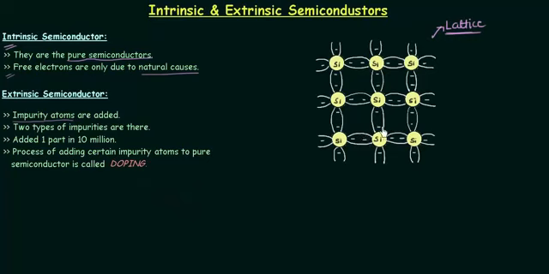The next point is the temperature coefficient. Silicon and germanium both have a negative temperature coefficient, and as you already know, in the case of a negative temperature coefficient, when we increase the temperature, the resistance of the material will decrease.